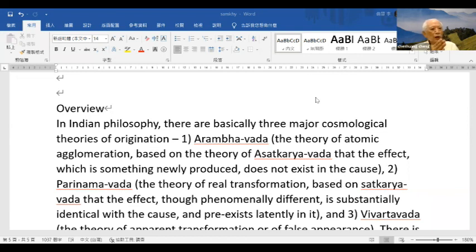It is different from Arambhavada and also Parinamavada, and it is also different from Vivartavada. So we know the different philosophies in Indian Buddhism.